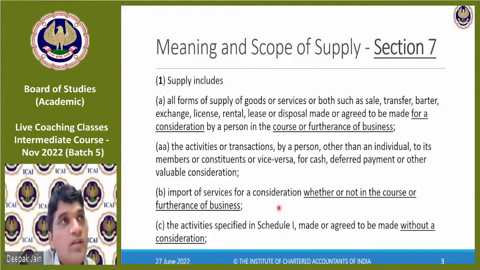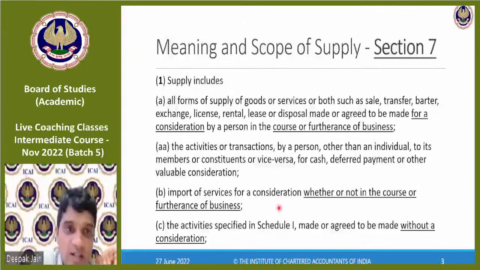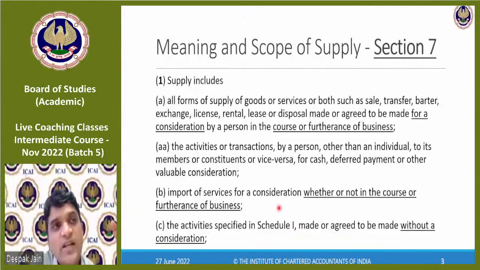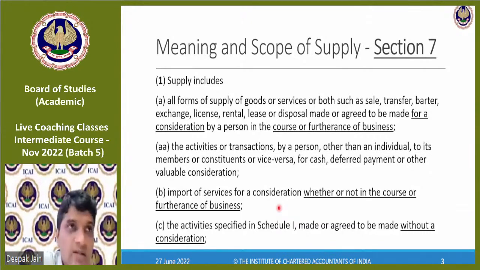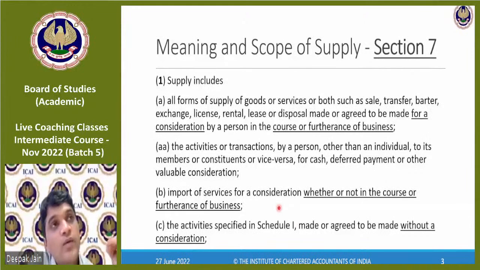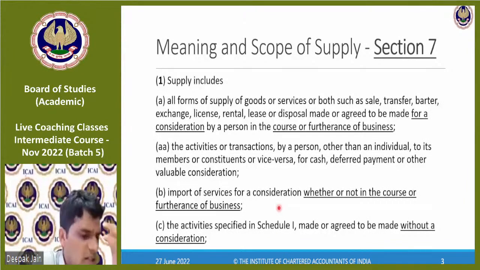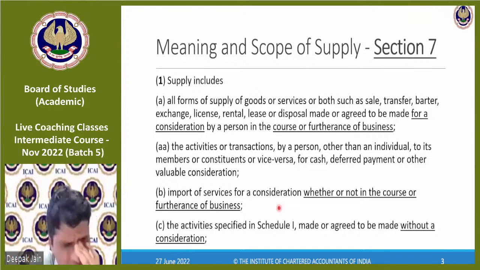So importation of services for a consideration, whether or not in the course of business. I gave you an example when it is in the course of business. Now let's take an example when it is not in the course of or furtherance of business. When a supplier is providing some music, say Wynk Music is in India, there is another music app, not getting that name, wherein a foreign music service provider supplies some services to me.